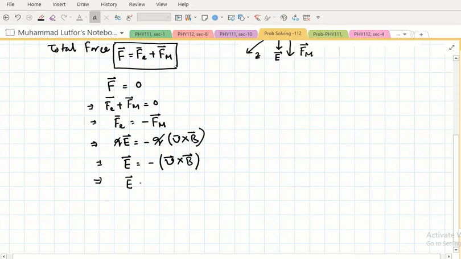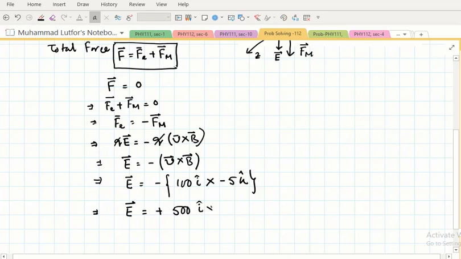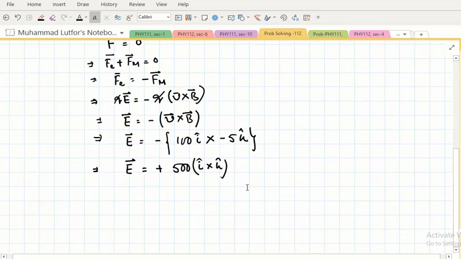Now I'm going to plug in the values. The speed of the electron is 100 i hat, multiplied by the magnetic field, which is minus 5 k hat, since I chose the negative z direction for into the screen. If you do the calculation, this minus goes to a plus, giving 500 i cross k.